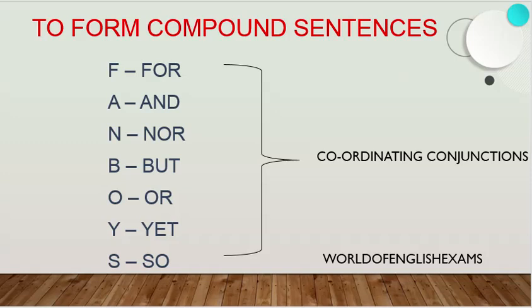Whenever you are forming a compound sentence, make sure you use one of these 7 words. FANBOYS stands for for, and, nor, but, or, yet, so. These 7 words are called coordinating conjunctions, and coordinating conjunctions are also linking words or cohesive devices.